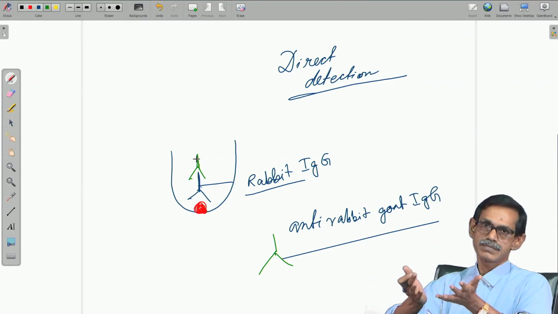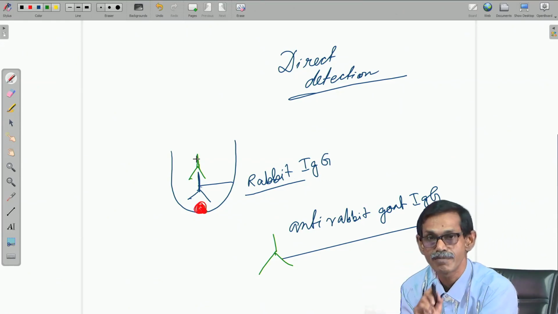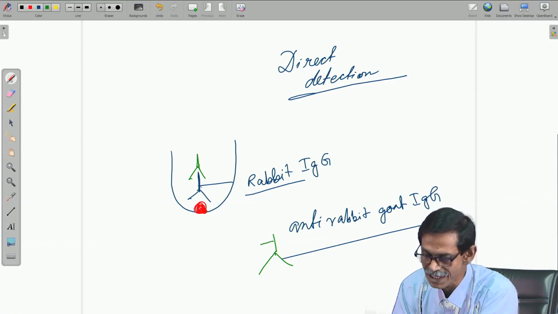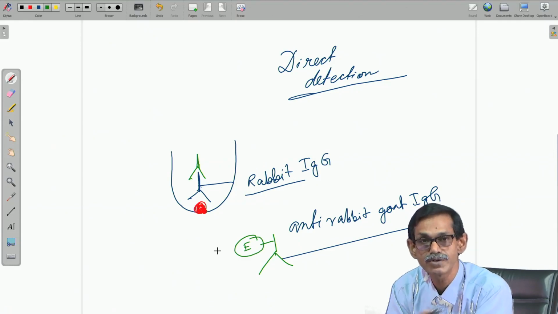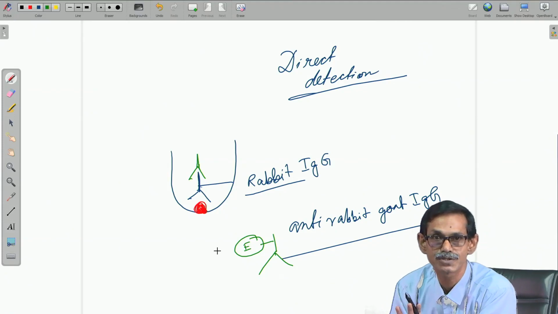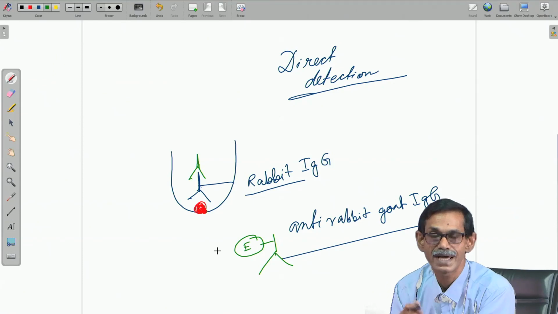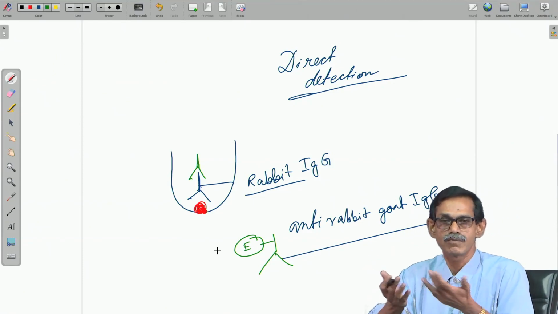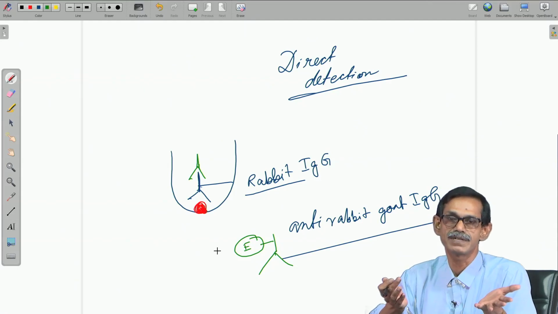And not only the antibody, you can buy anti-rabbit goat IgG attached with enzyme. What enzyme? Whether you would like HRP or alkaline phosphatase, it is up to your choice, no problem, because both are commercially available. And mostly it depends on which lab you are working in, what is their availability.